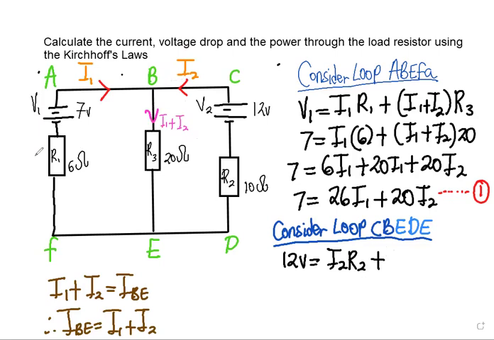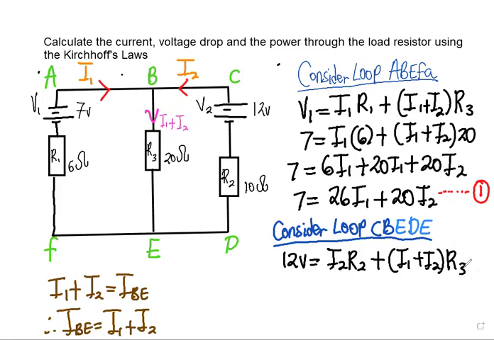It will find current number 1 and current number 2 together with resistor number 3. So it will be I1 plus I2, multiplied by resistor number 3. That is what we are going to have there.